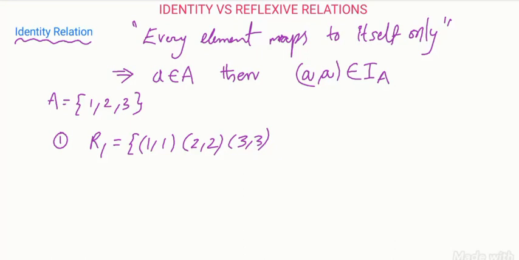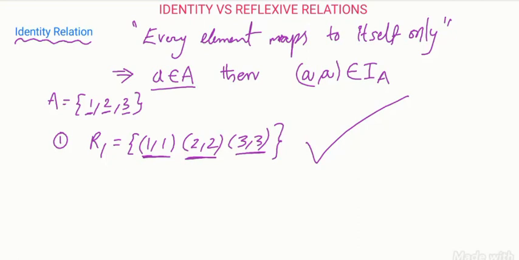Is R1 identity? Yes. We have to see a belongs to A. Here 1 belongs to A and we have (1,1). 2 belongs to A, we have (2,2). 3 belongs to A, we have (3,3). So definitely we can say it is an identity relation.